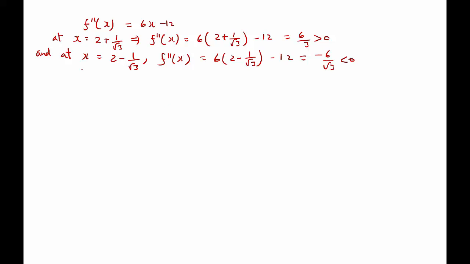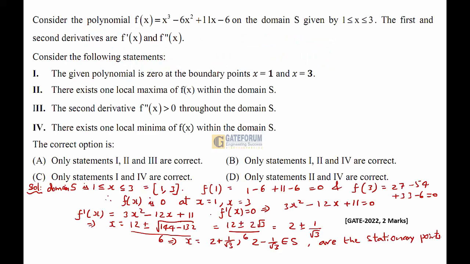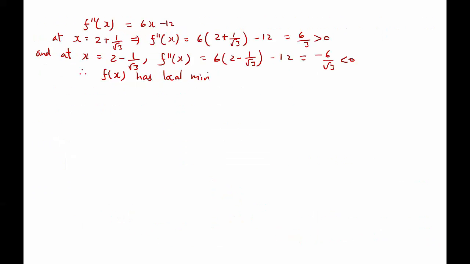So therefore, f of x has local minima at x is equal to 2 plus 1 by root 3, and local maxima at x is equal to 2 minus 1 by root 3.